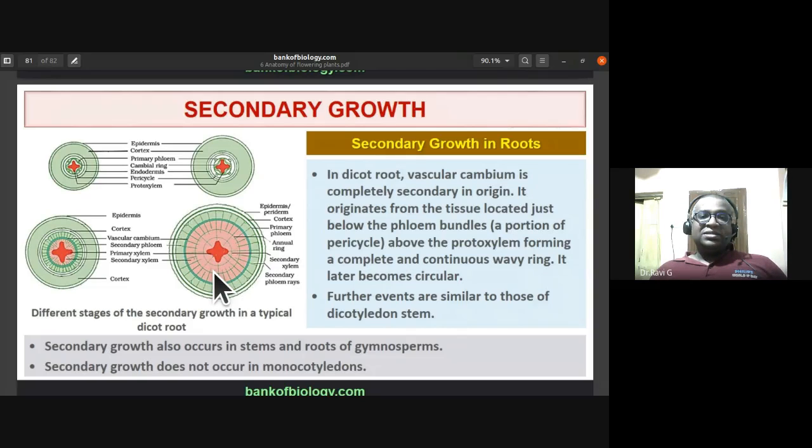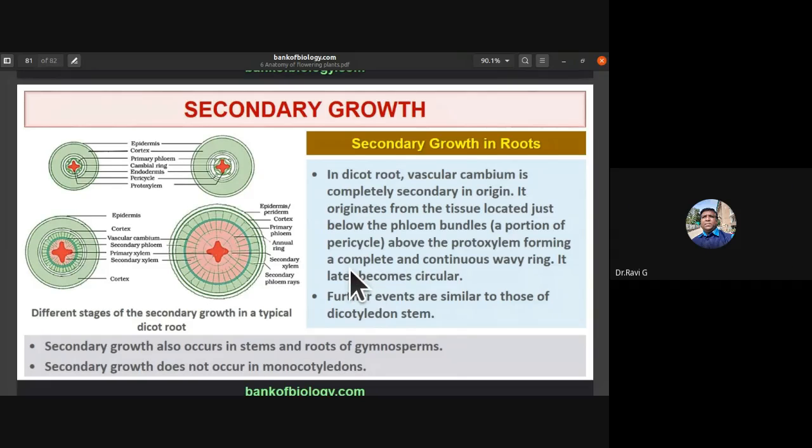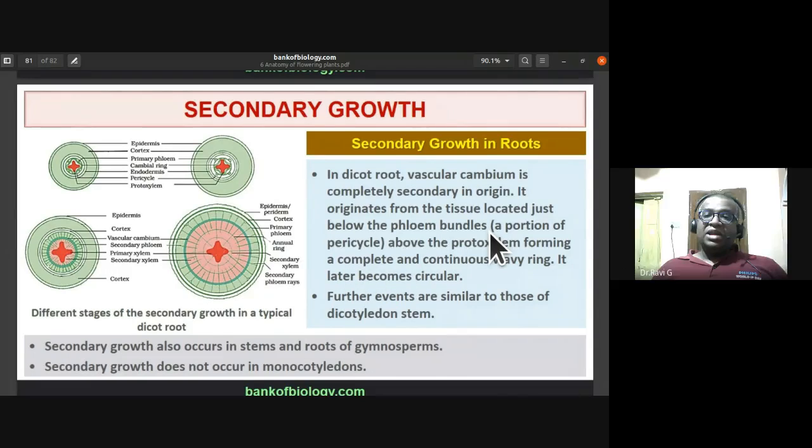That is, the intrafascicular cambium was primary meristem, and the interfascicular cambium was secondary meristem. So that completes our discussion of this topic, anatomy of flowering plants.